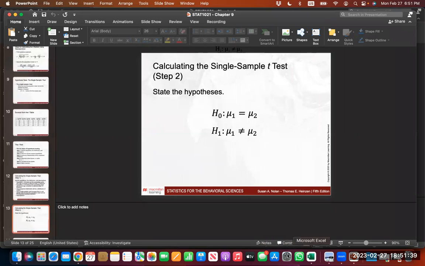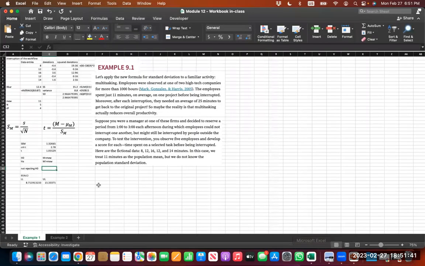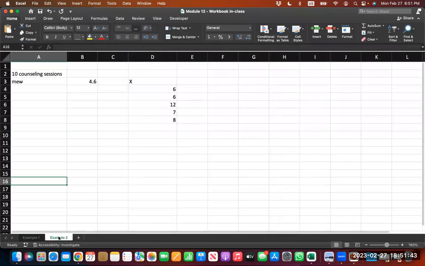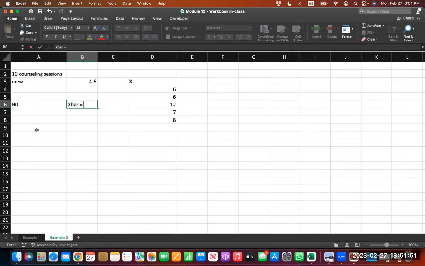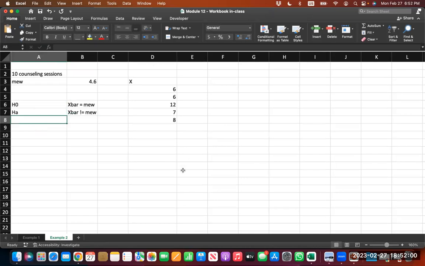So now the hypothesis, this is example 2 here. The null hypothesis here is that X bar equals mu, and the HA is that X bar does not equal mu. That's our hypothesis.